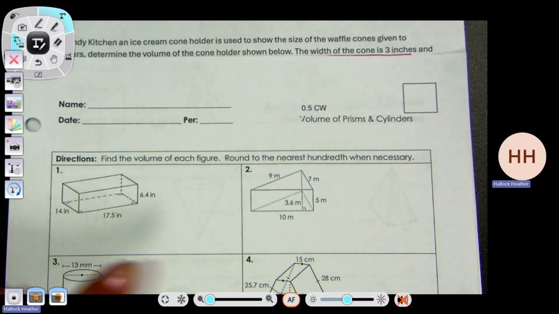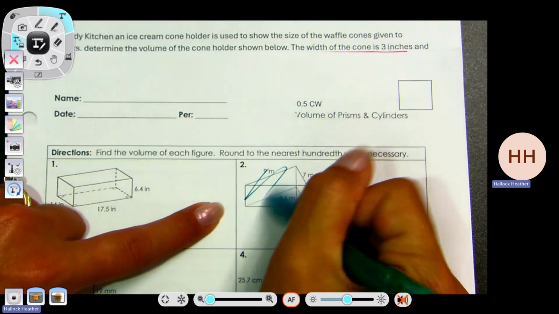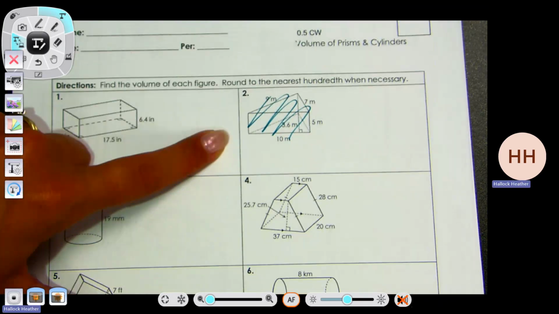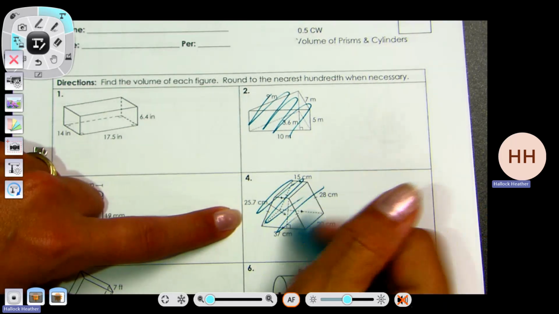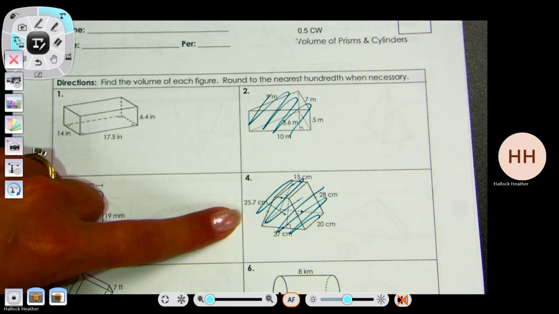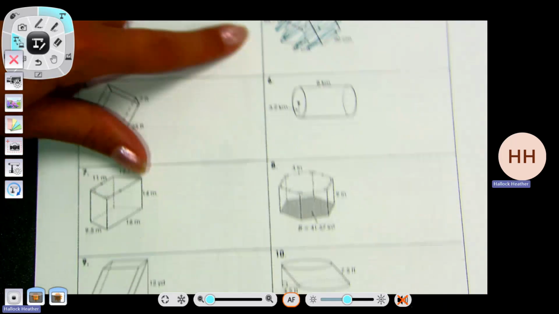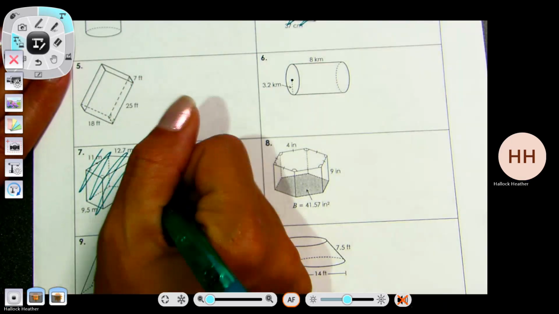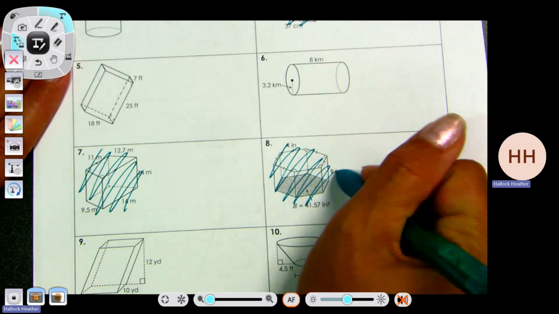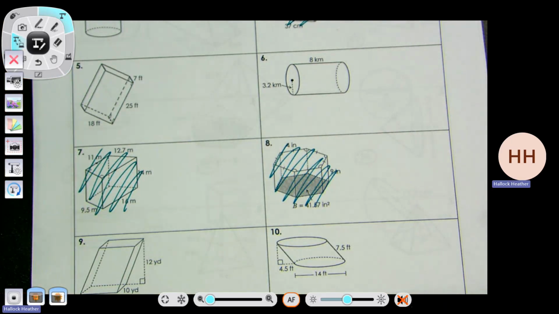So put your name on this. You're going to cross out number 2. You're going to cross out number 4. On the front, you are also crossing out 7 and 8. So I'll say it again. On the front, you're crossing out 2, 4, 7, and 8.